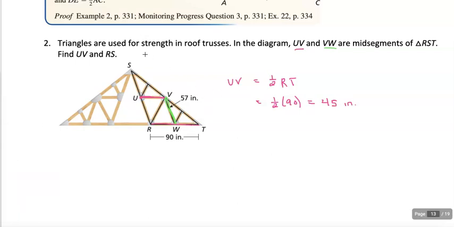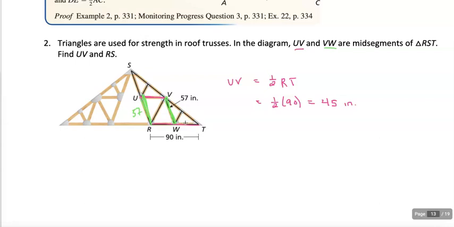And then RS. VW here is the mid-segment of RS. Really VW is 57, and so is UR, so this is also 57.